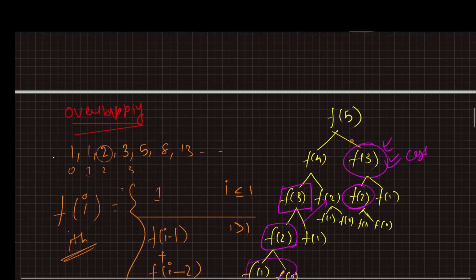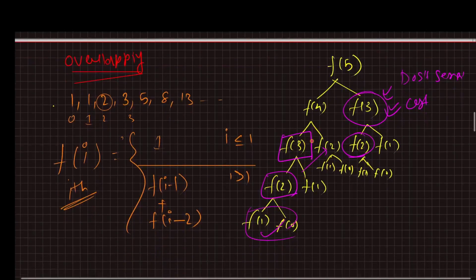If we are solving again, it doesn't make sense. So you can store the value you have calculated so far. We will discuss how to do these techniques.